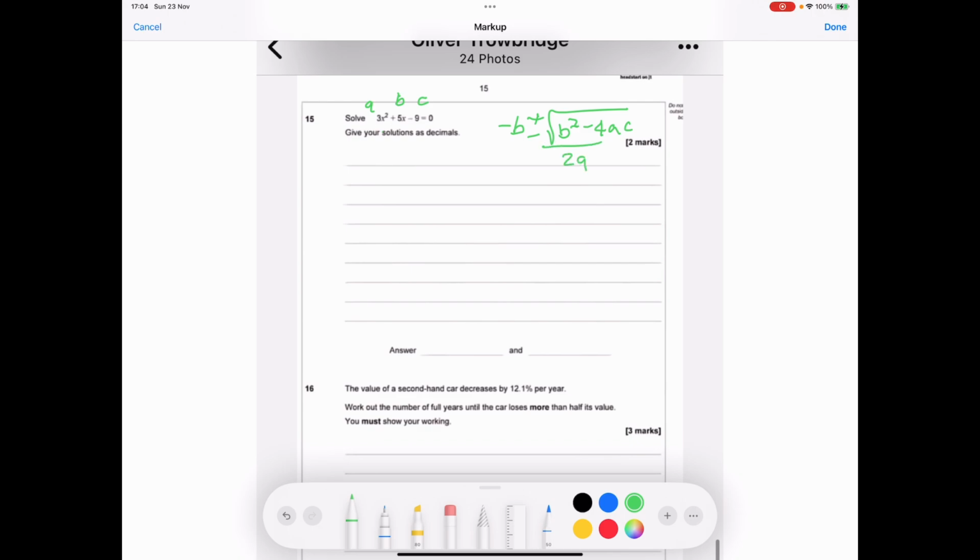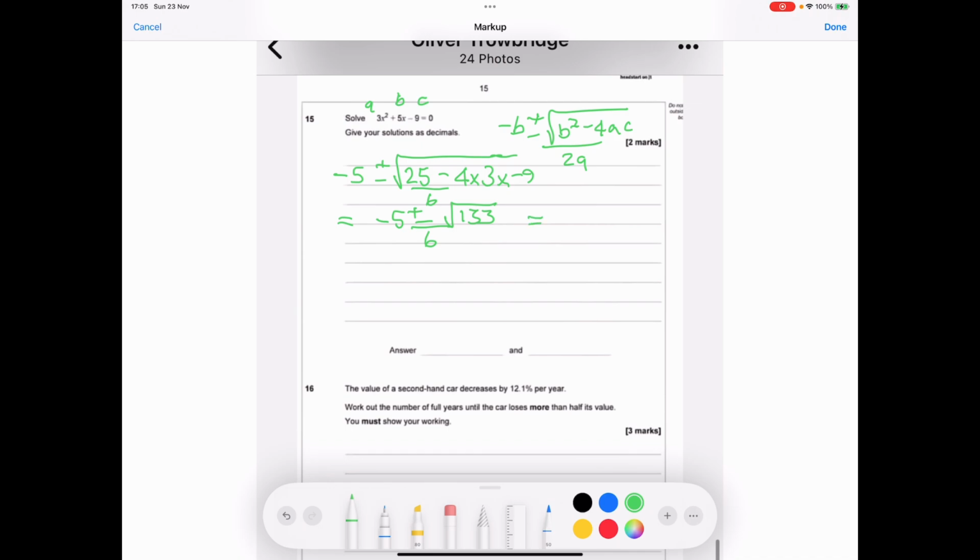And so we get minus 5 plus or minus root 5 squared, which is 25, minus 4 times 3 times minus 9, over 6, and that equals minus 5 plus or minus root 133 over 6.